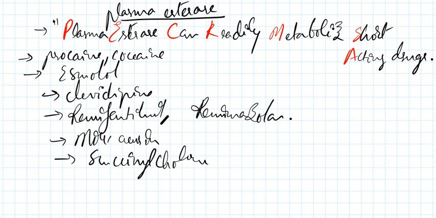Acetylcholine is the neurotransmitter of the cholinergic system, and in the adrenergic system the main neurotransmitter is norepinephrine.